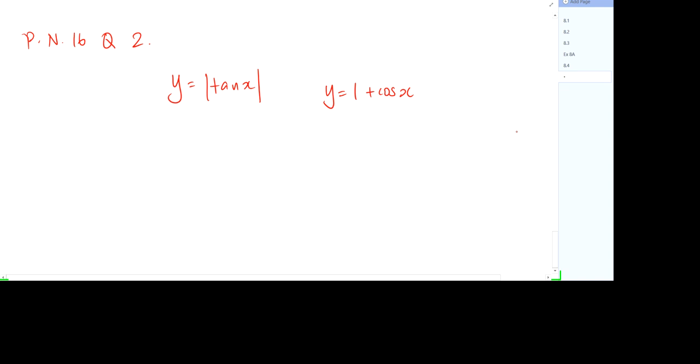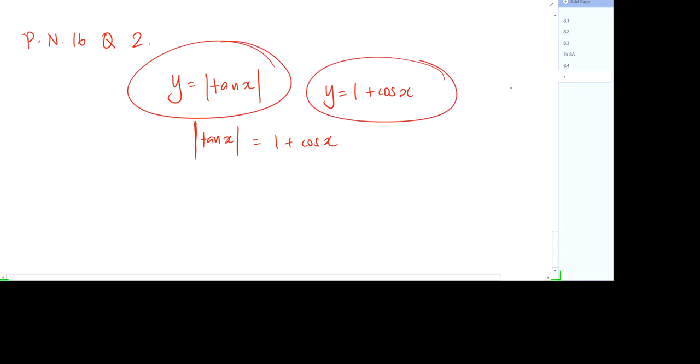Then they want you to find the number of solutions for modulus tangent x equals 1 plus cosine x. So number of roots, what shall we do with our two graphs? Sketch both lah, okay? Sketch y equals modulus tangent x, y equals 1 plus cosine x. Number of intersection points equals number of roots. Okay? Simple.